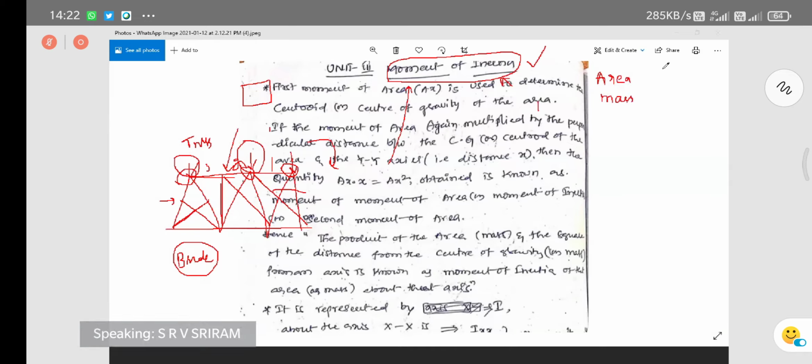So due to the location of the centroid, for balancing or governing purposes, meaning the equilibrium conditions of any geometrical quantity. If it is an area, we will go for area.